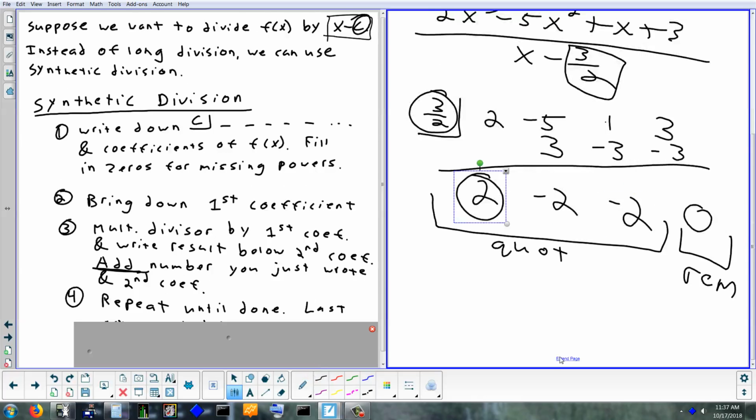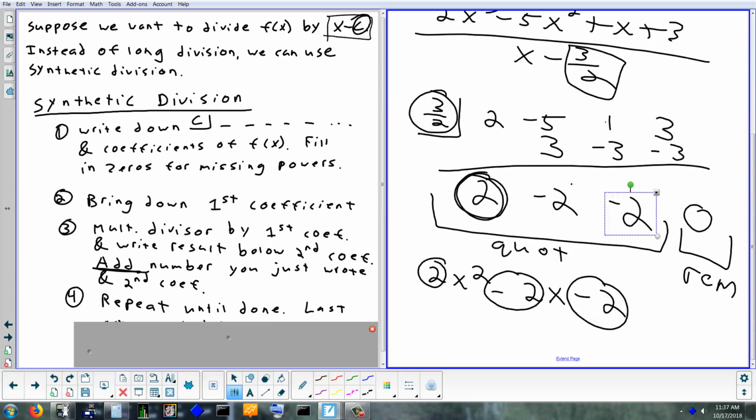The 2 is my squared term. 2x squared minus 2 with an x, and then a -2. So these 3 numbers came from those 3 spots. Okay, that's my quotient, and my remainder is 0.